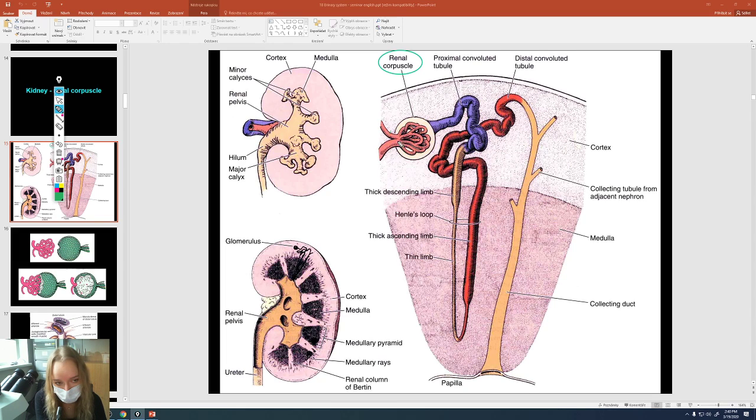So this is the vascular pole. These are the vessels that are going in. And the distal tubule is going to come like this, to the vascular pole of the body. And the cells which are lining the distal tubule are going to change. We are going to describe it right now.